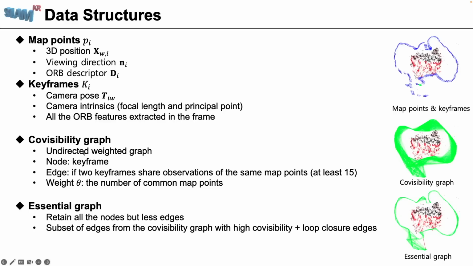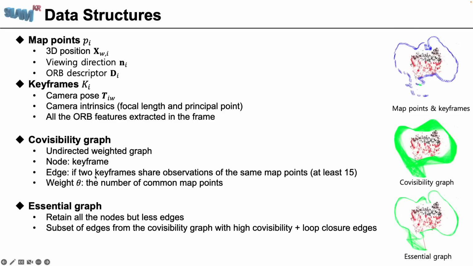The co-visibility graph is an undirected weighted graph in which each graph node is a keyframe, and each graph edge means a connection or association between two nodes.